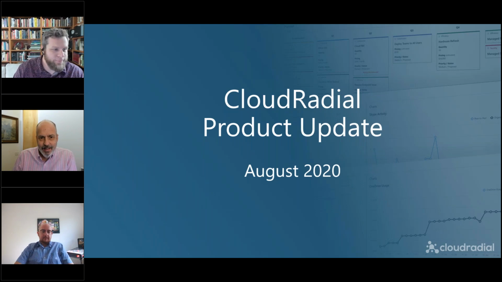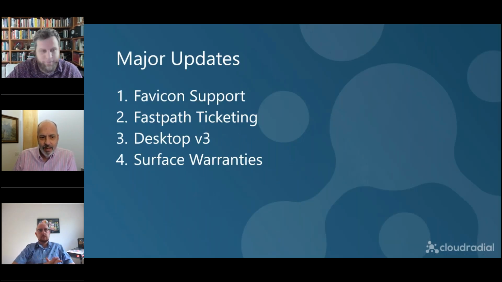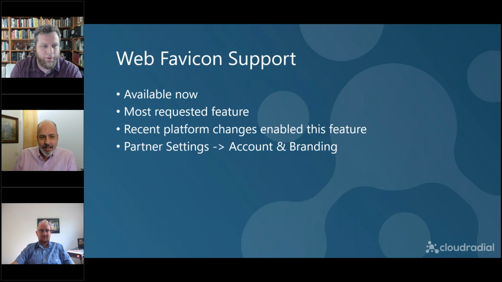Hey, Seth, thanks. The August update is really interesting in the sense that we're addressing something that has been on our want list for a while, something we've always wanted to be able to do, but weren't able to until we completely re-architected the product to do this one thing. And that's favicon support. That is now available in the product. It's under partner settings, account.